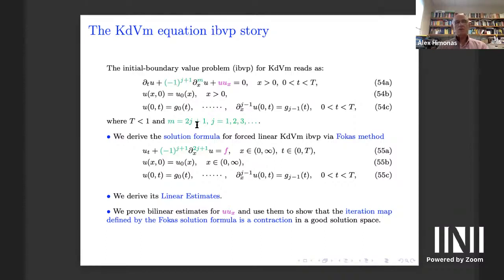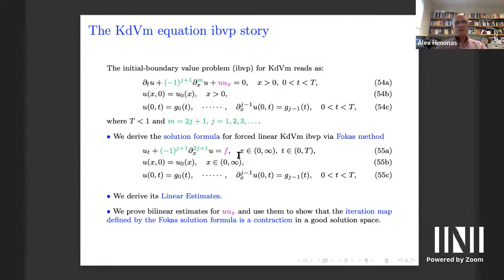So m is 2j plus 1. So here this is j. You see here, we have one initial data, but we have j boundary data. In the case of the Kawahara equation, we will have 2 boundary data. And the Fokas method is the same.